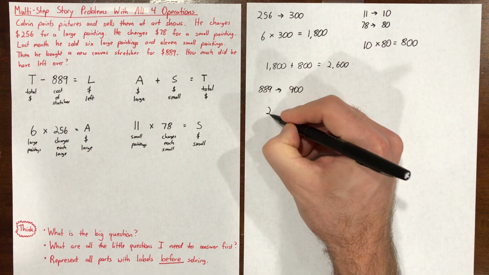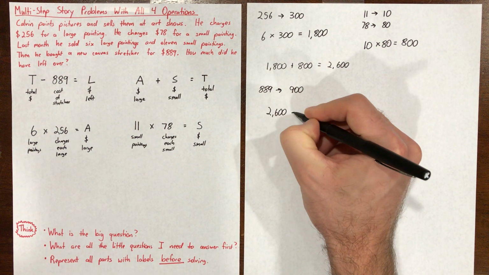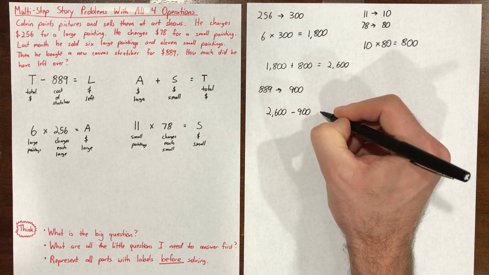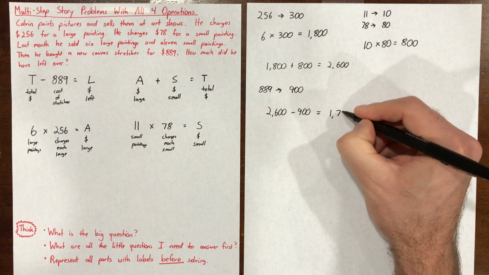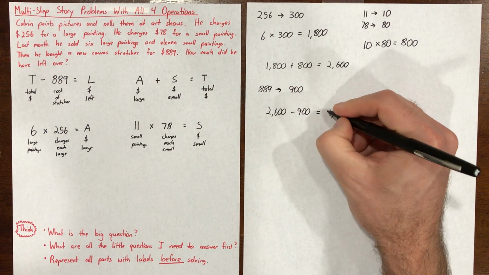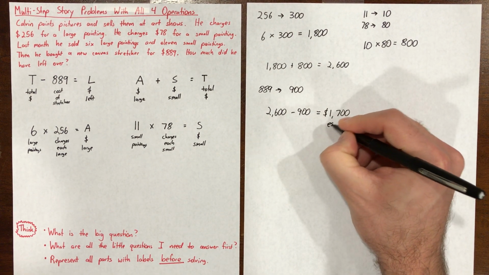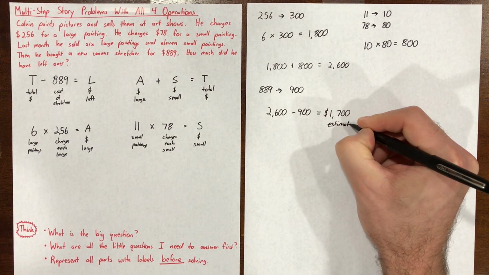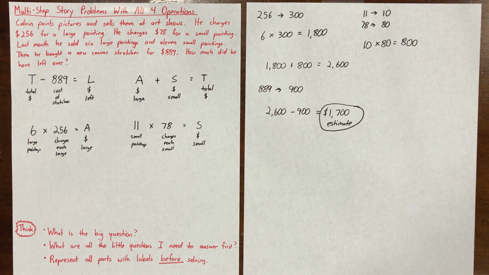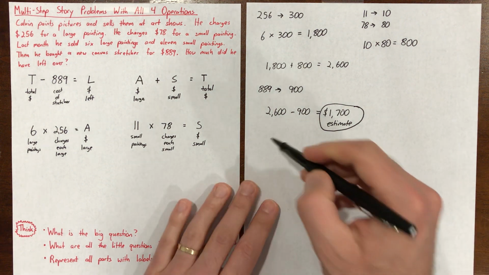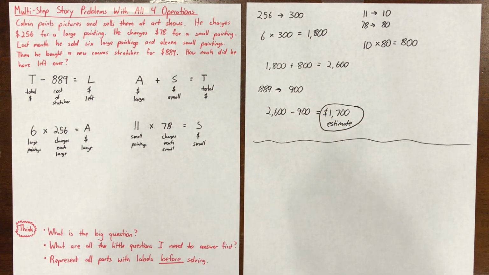So I could take 2,600, subtract 900, and that's going to give me an estimate of $1,700. Let's label that as the estimate. Great. We can use that to help us think about if the actual answer that we get is reasonable and makes sense. Okay, so let's go ahead now and we'll work out our actual answer.